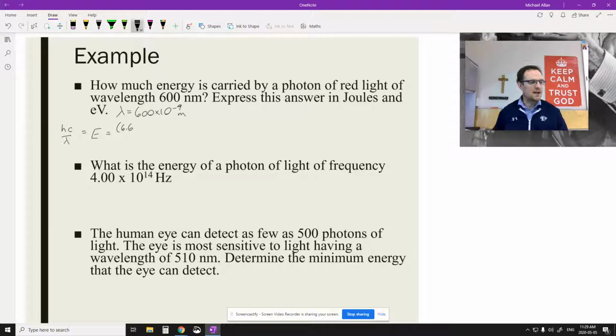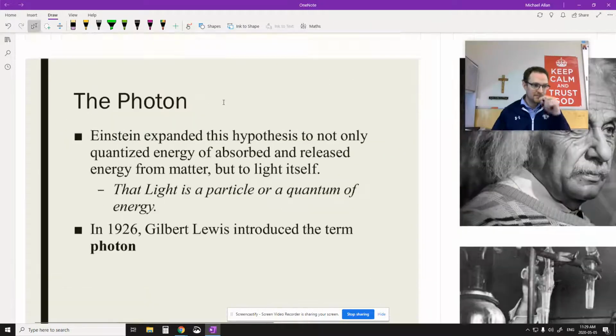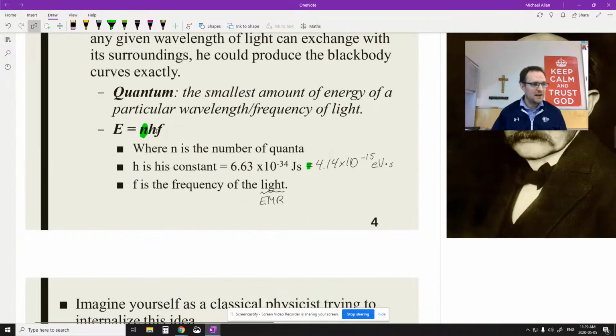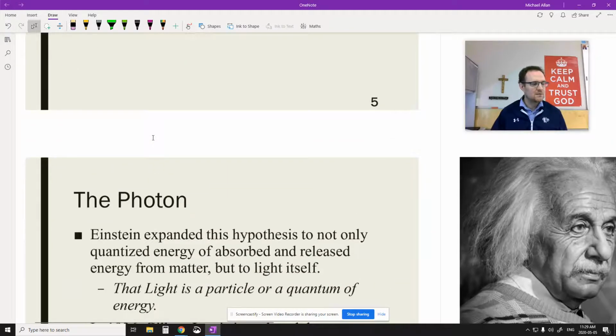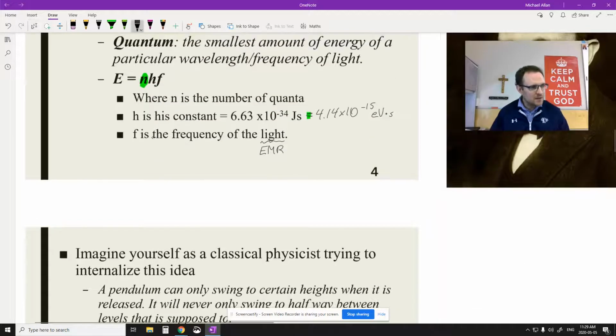Now, Planck didn't have this formula to start off with, right? His formula just says E equals hf. Where does hc over lambda come from? Well, hc over lambda comes from combining this and the universal wave formula together.